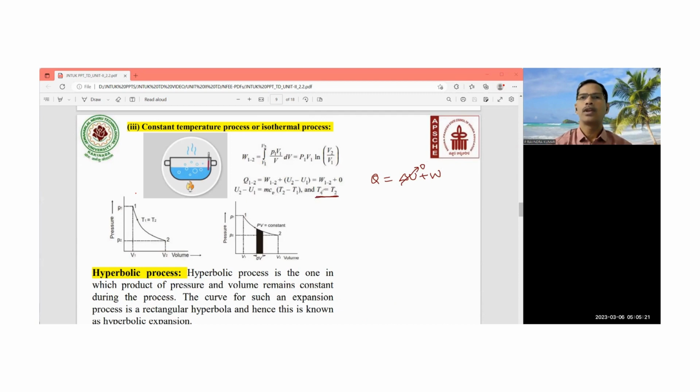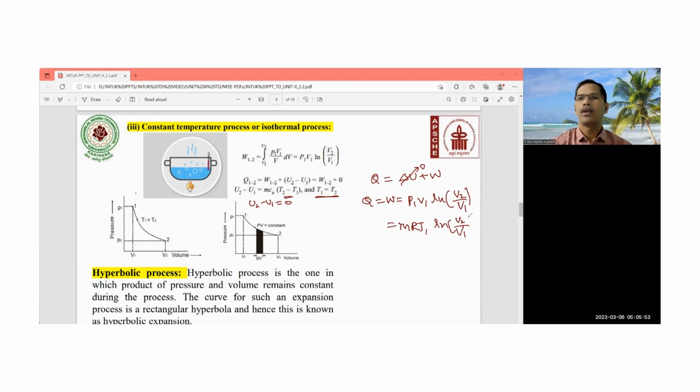T1 is equal to T2, and U2 minus U1 is m Cv (T2 minus T1), which is equal to 0. That means the expression you are going to get is Q is equal to W, that is nothing but P1 V1 ln V2 by V1, which is equal to mRT1 ln V2 by V1.